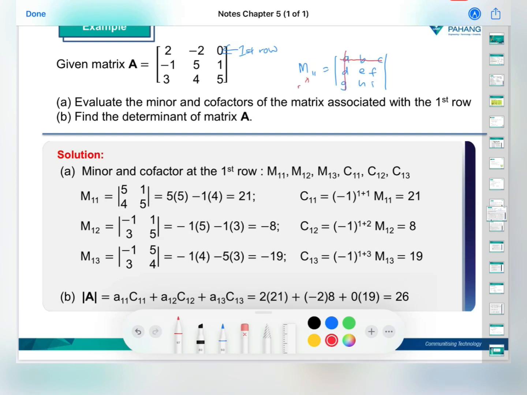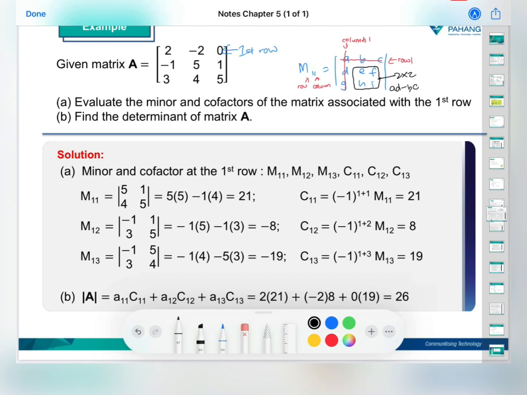This is row 1, this is column 1. When you eliminate those, what's left is only E, F, H, I. So you find the determinant of this 2 times 2, which is AD minus BC, the one that you have learned before.